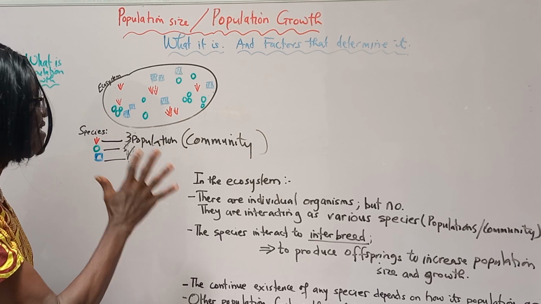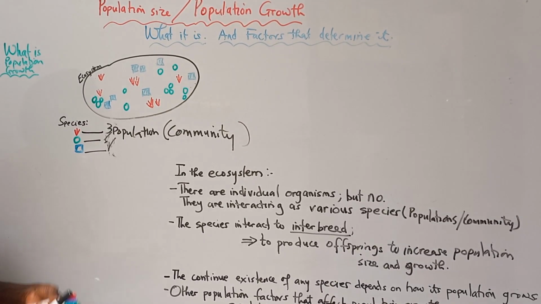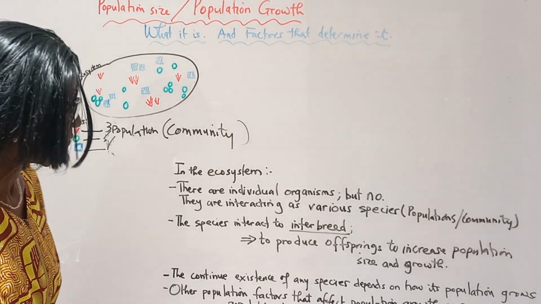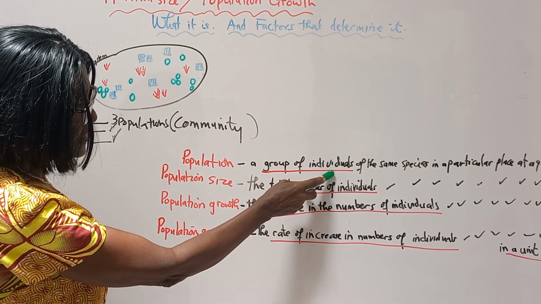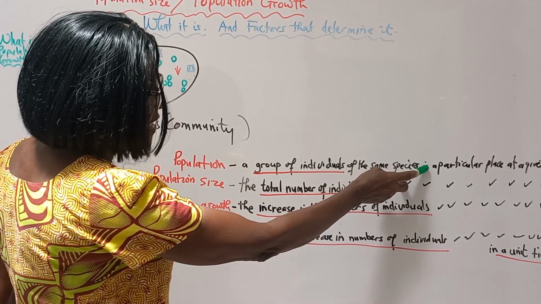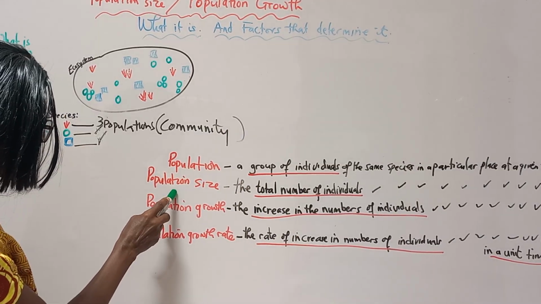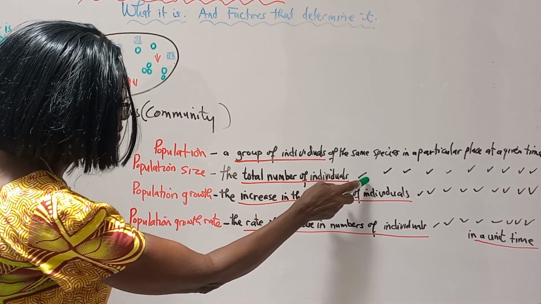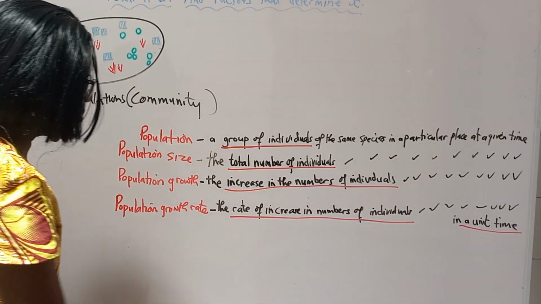So let's give ourselves a very quick definition of what a population is, population size and population growth, and then we can look at the factors. Definition of population: a group of individuals of the same species in a particular place at a particular time. Population size: the total number of individuals of the same species at a given time.